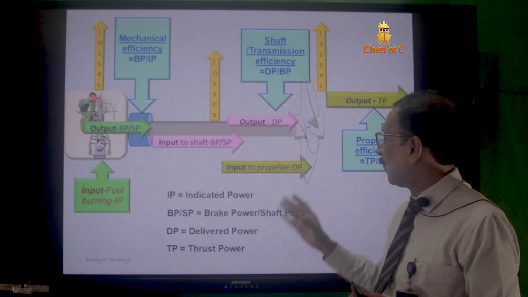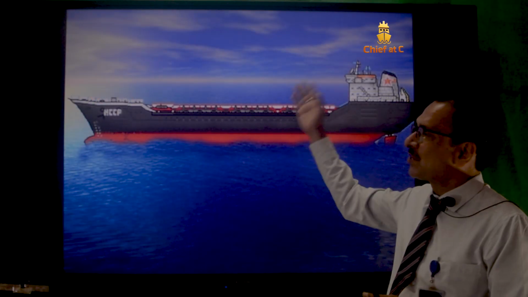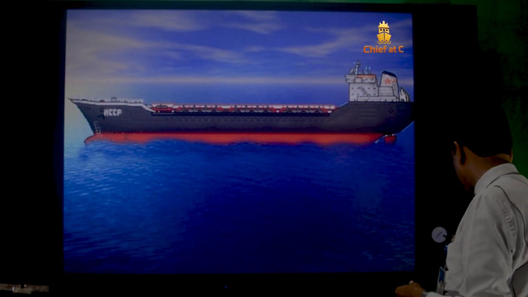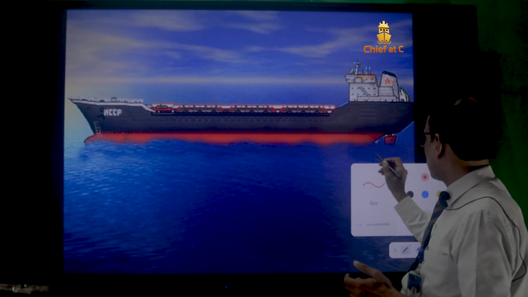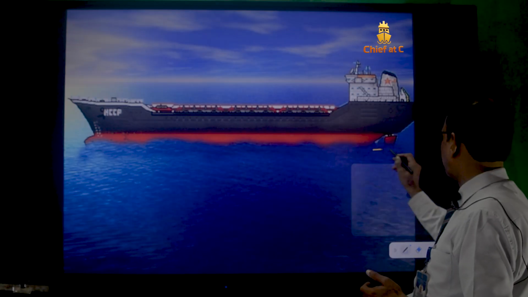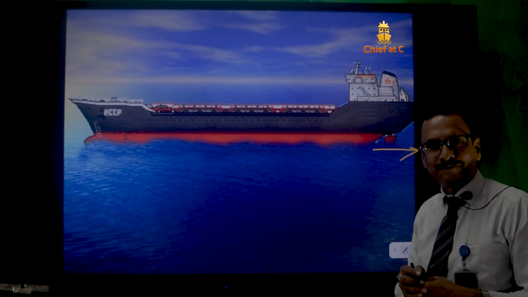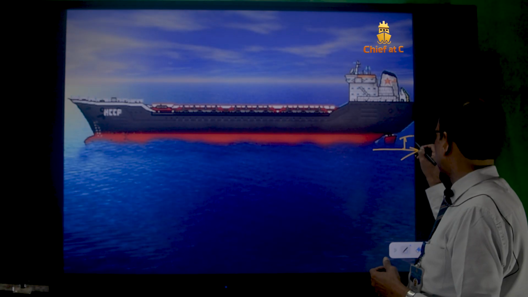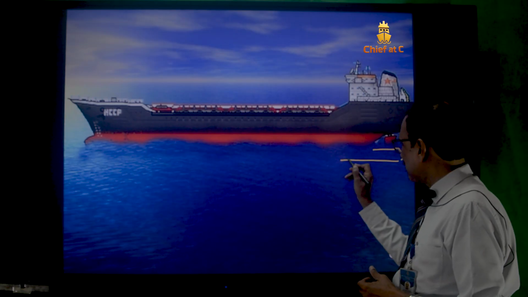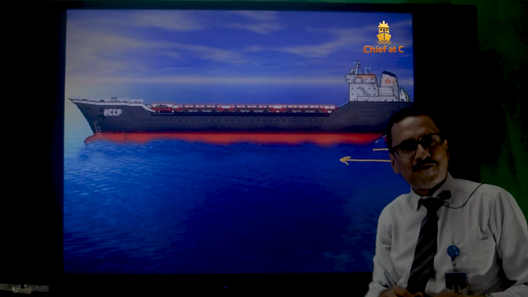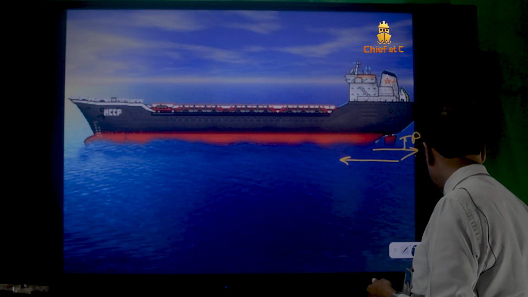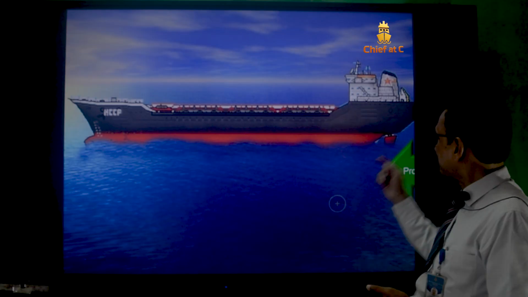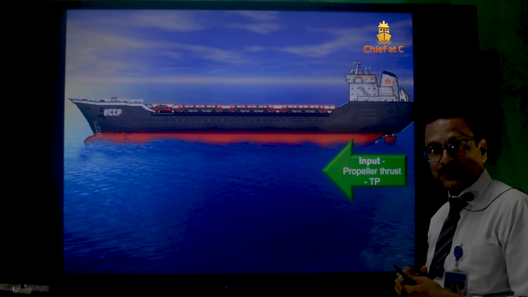There is still one more machine left, which is the hull of the ship. Now we just saw that the propeller gives off a thrust, which is thrust power. The reaction of that moves the ship forward. So the input to the hull, we can say, is the thrust power.